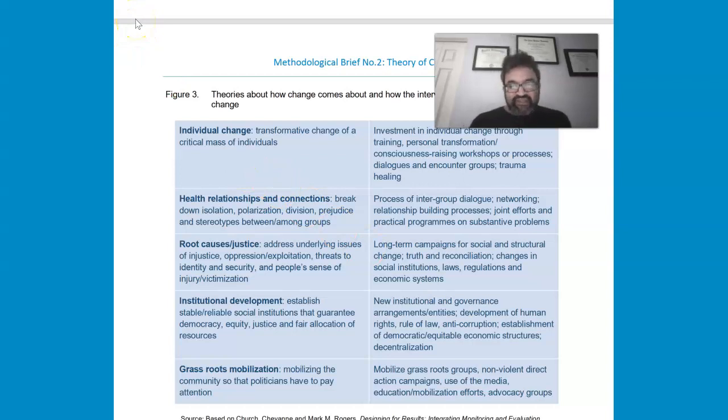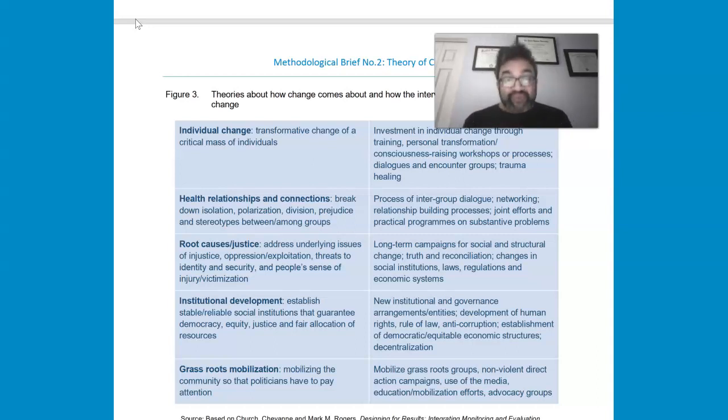So the interventions that work there are new institutional and governance arrangements, entities, development of human rights, rule of law, anti-corruption, establishment of democratic, equitable economic structures, decentralization. This is what will allow for institutional development.